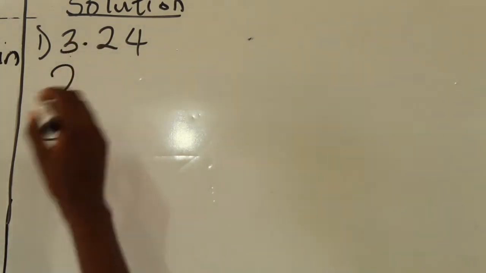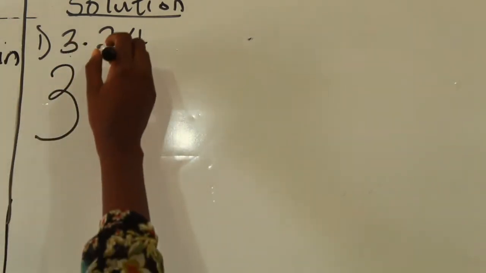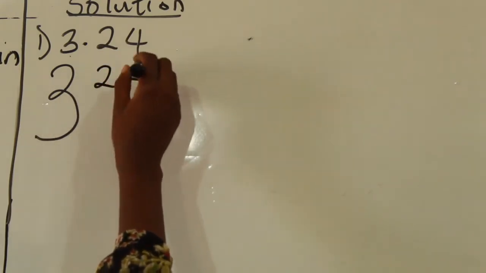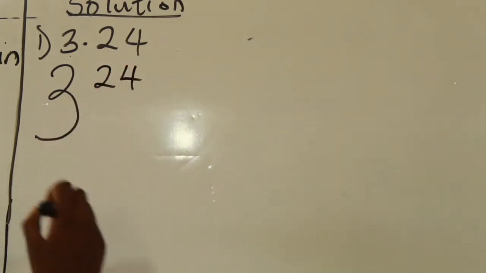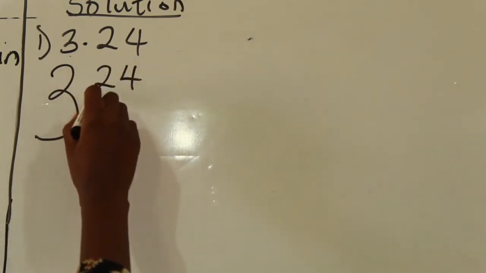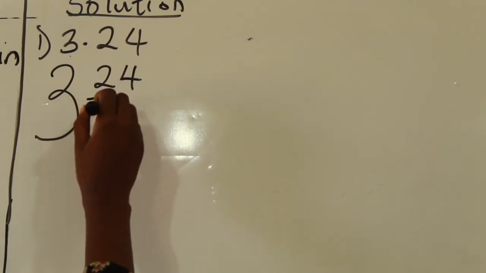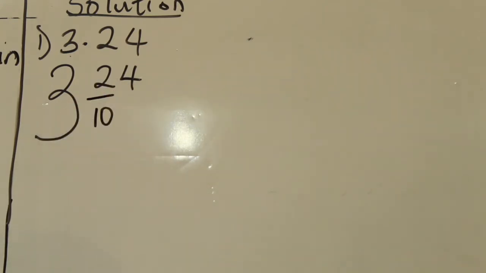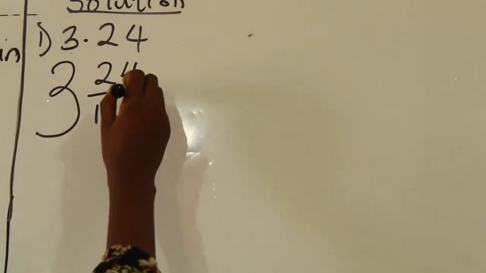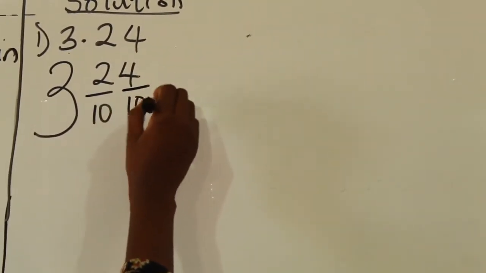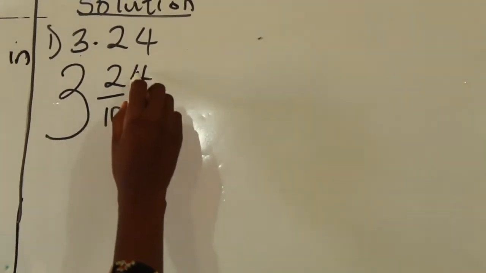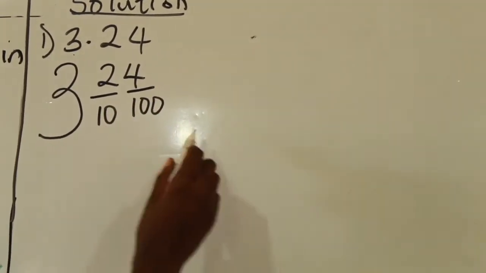3 here is a whole number, so we'll write it like this, and then we'll write down the place value of 2 and 4. The place value of 2 is tenths, and the place value of 4 is hundredths.